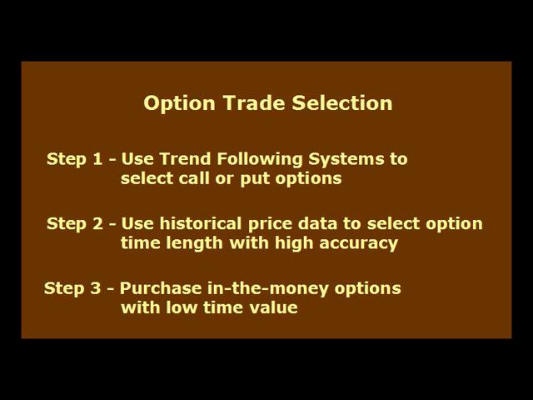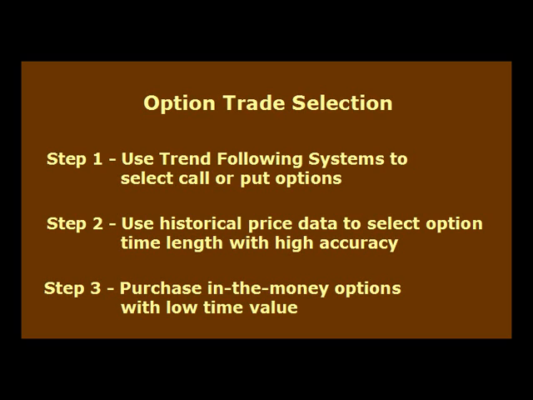So the first step in our option selection process is to determine the price trend, and I use my trend following systems to determine the price trend. If we're in a price uptrend, we buy call options, and if we're in a price downtrend, we buy put options.